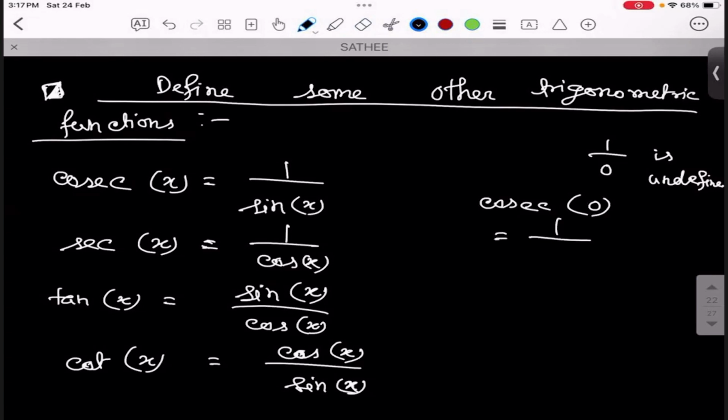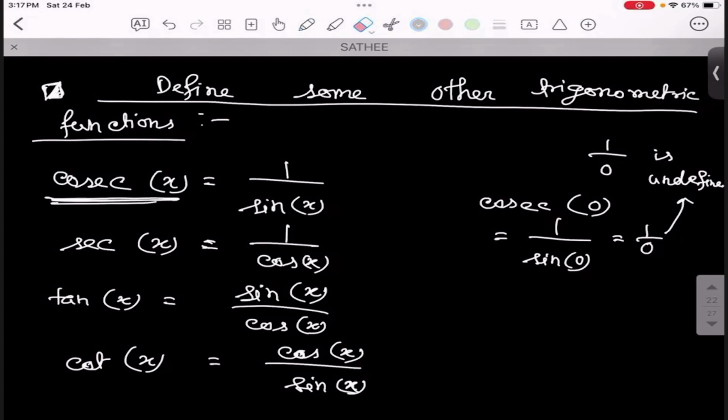This should be 1 by sin 0. This means 1 by 0, which is undefined, right? So from here we can clearly see that we have to eliminate those x values from the domain of cosec x where sin x is 0.